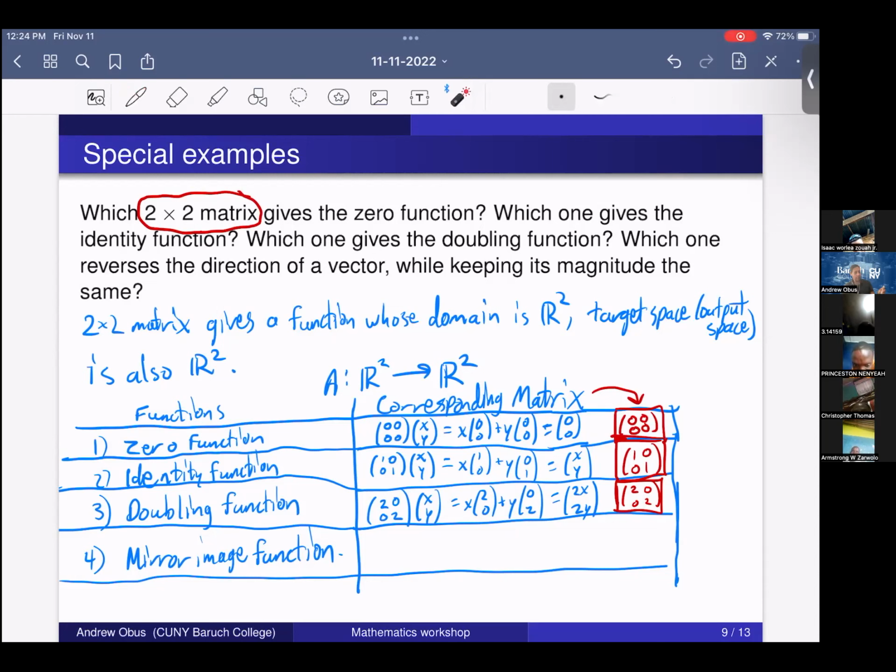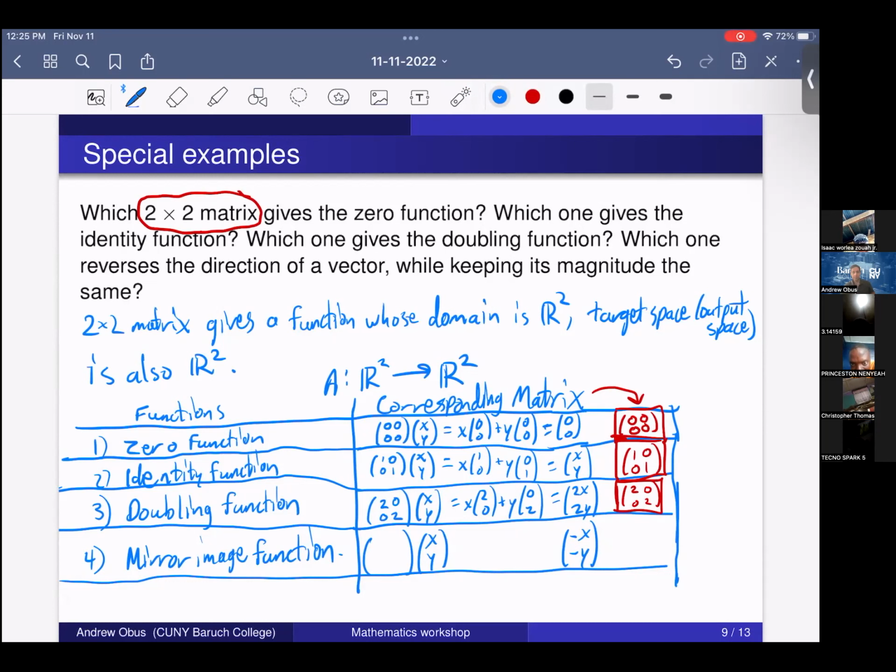So lastly, what about the mirror image function? We want a matrix that when we multiply it by xy, we get minus x minus y. So what do you think we should do to the identity in order to get that? The inverse. Right, so we invert, but what should be the entries in the matrix here?